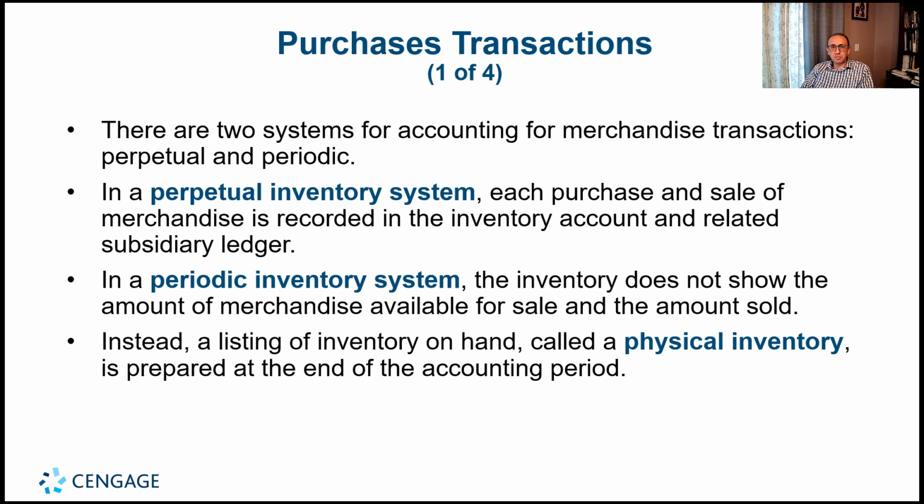Of course, technology makes things much easier with perpetual. The good thing about perpetual is that it gives you a continuous track of your inventory balance. But for the periodic inventory system, you have to wait until the end of the period to get to know your inventory balance.